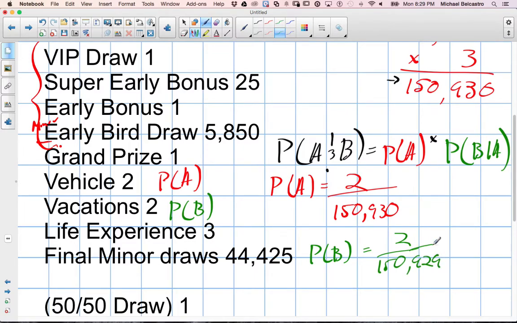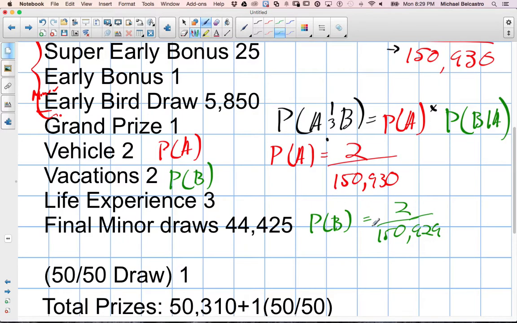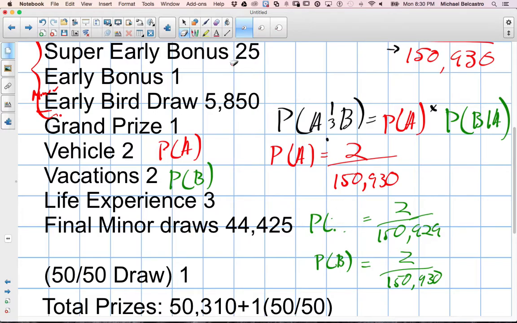So not much better odds. Still really, really rare. But the dependent events do change the odds. So this is given that A happens. The probability of B was 2 in 150,930. But the probability of B given A has occurred is a little different. Our denominator is a little different.